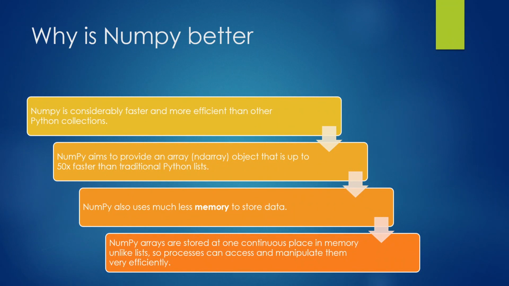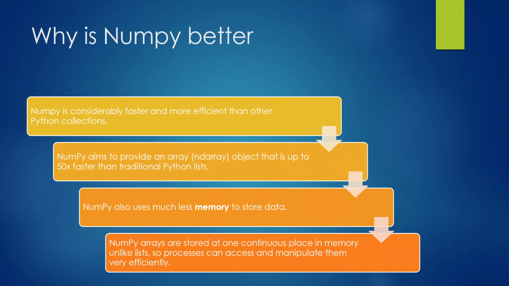Now we will go into detail and try to understand why NumPy is better than Python list specifically, because both of them are providing us array-like functionality. NumPy is much faster and much more efficient than Python list.